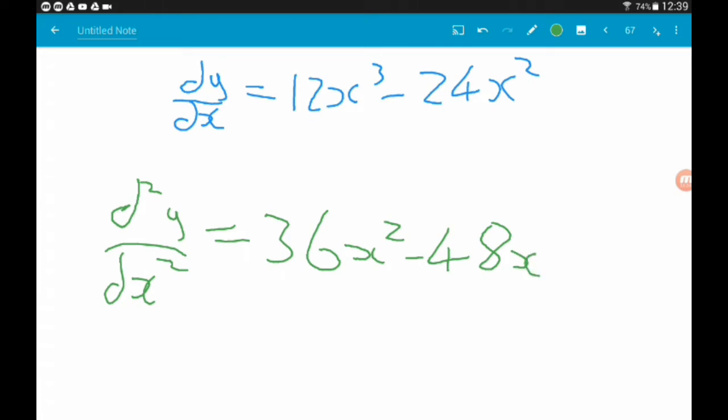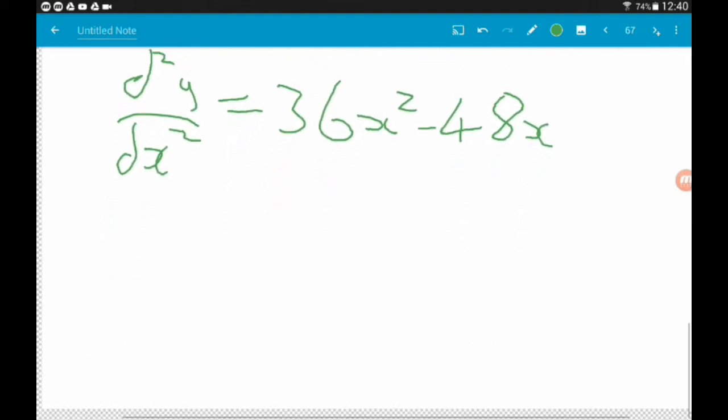So we now use this to determine the nature of the stationary points. So remember, if the second derivative is less than 0, so it's negative, then the point is a maximum. If it's greater than 0 or positive, the point is a minimum. If it's equal to 0, then we've got a bit of a problem and we need to use a gradient table to determine the nature.